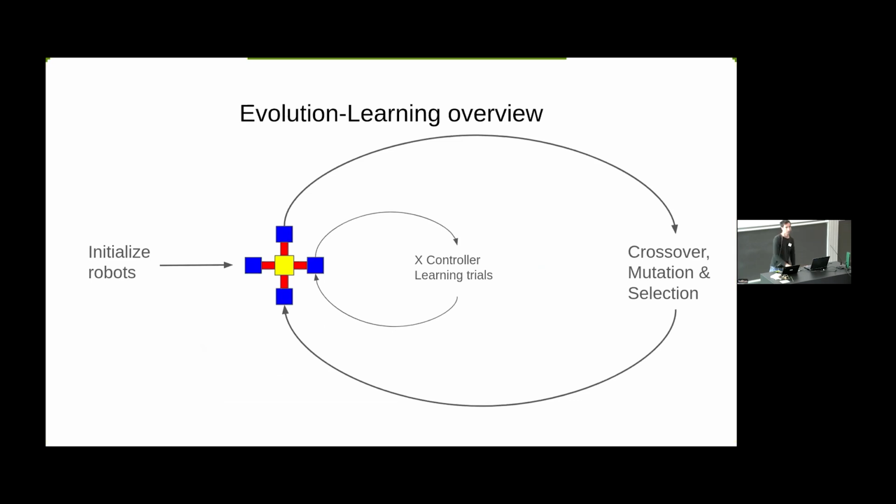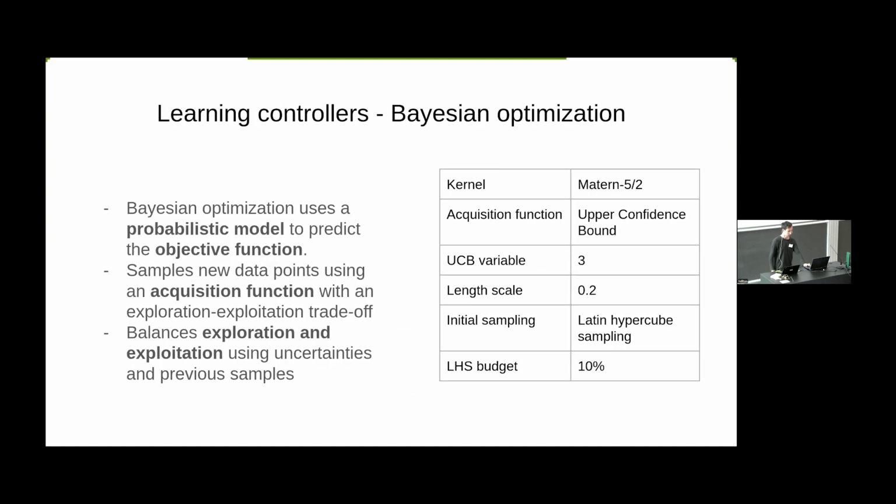And this is the evolution overview of my method. So you first initialize a certain number of robots, and this goes through a certain number of controller learning trials. And once this is done for all robots, the crossover, mutation and selection is done. And this will go on until I tell it to stop.